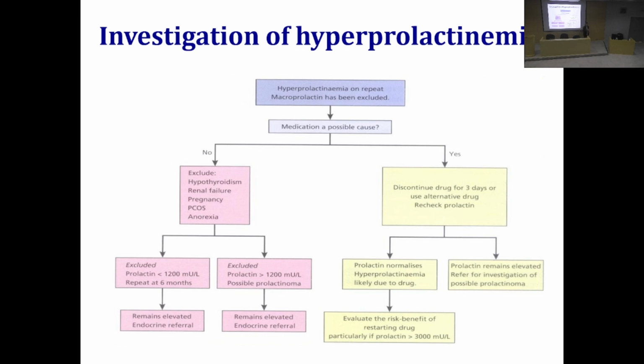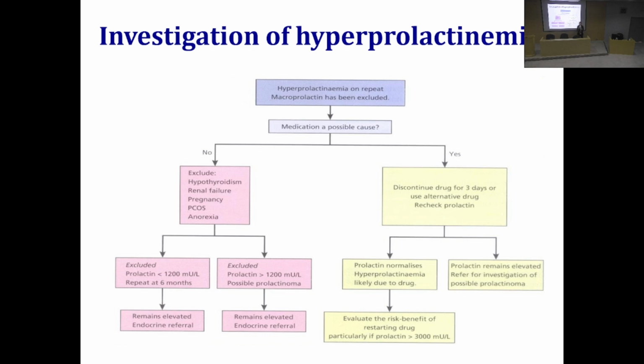But usually if the levels are above 1,200 milliunits per liter, most of the time that high level of prolactin, unless the person is, like I said, lactating, usually indicates some kind of pituitary adenoma. So it might be a tumor that is secreting this prolactin. It's a possibility.